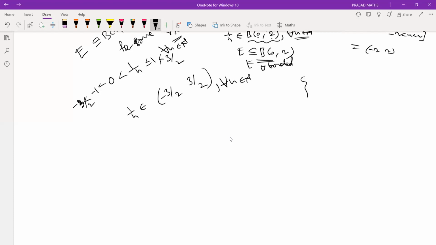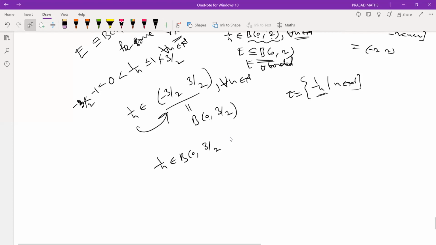Any 1 by n is in this open interval, which is the ball centered at 0 with radius 3/2 in geometry. Therefore 1 by n belongs to the ball centered at 0 with radius 3/2 for every member, so every member you take in the set is inside the ball. Therefore E is contained in the ball centered at 0 with radius 3/2.